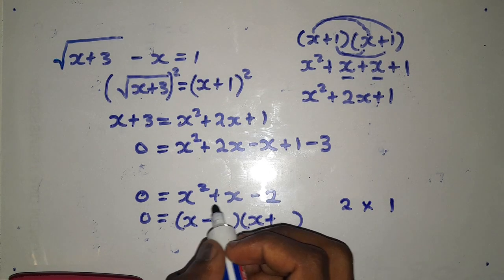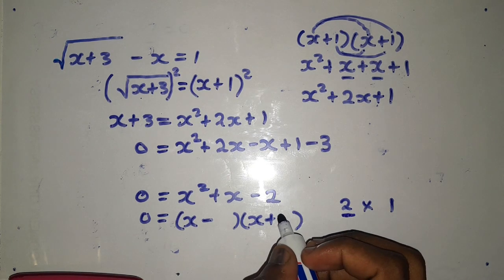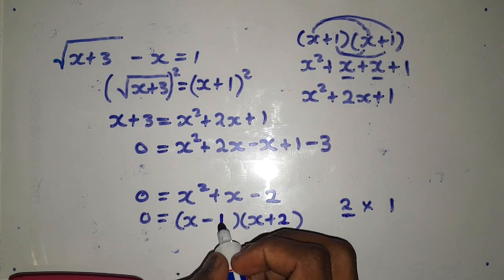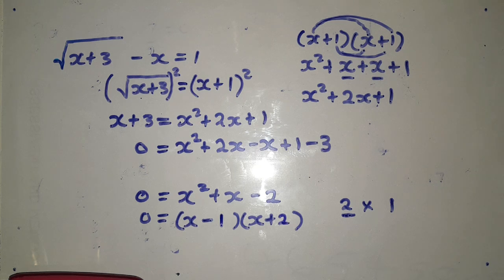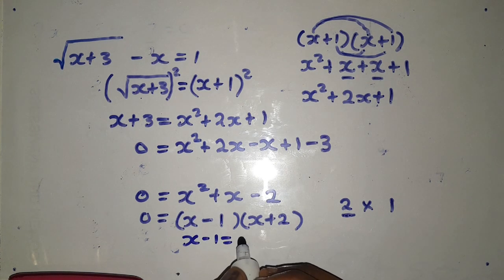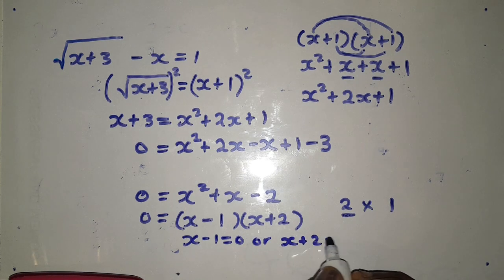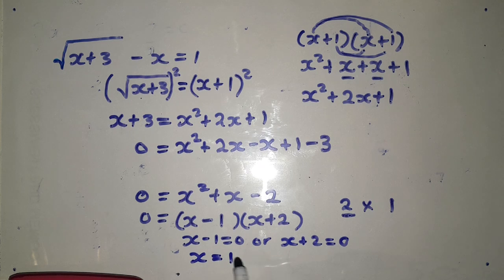But now our middle term is positive, which means 2 is going to be on this side, then 1 on this side. If we further solve this using the zero factor theorem, we are going to say x minus 1 equals 0, or x plus 2 equals 0. Finally, x equals 1, or x equals minus 2.